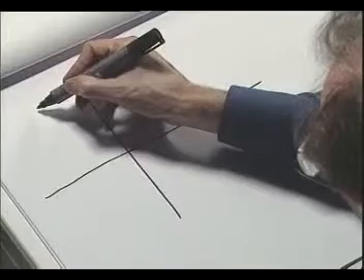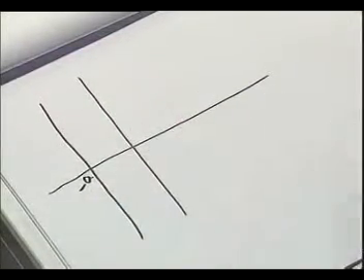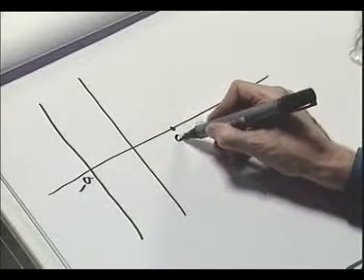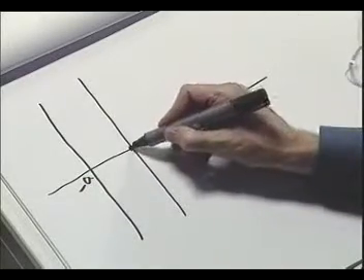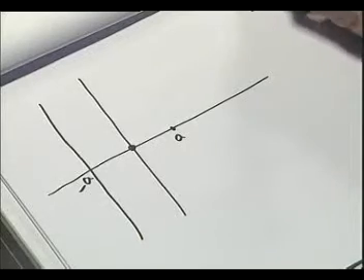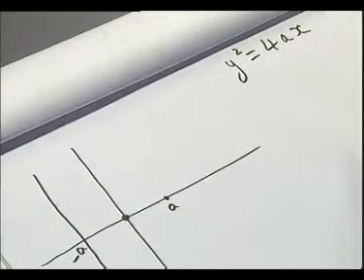So there's our x and y axes. There's our directrix through minus a. Here's our focus at (a, 0). We know the curve is going to go through there, and its equation is y squared equals 4ax.